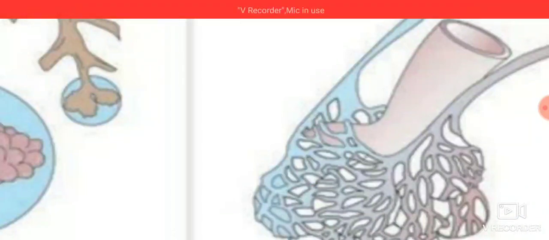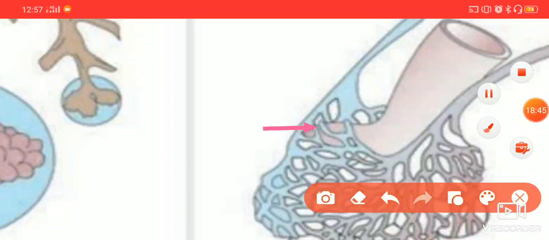Here, these blue color capillaries and these red color capillaries. Blue color means deoxygenated: the pulmonary artery, but an artery having deoxygenated blood. This is the pulmonary vein, which has oxygenated blood, because here oxygenation of blood takes place.